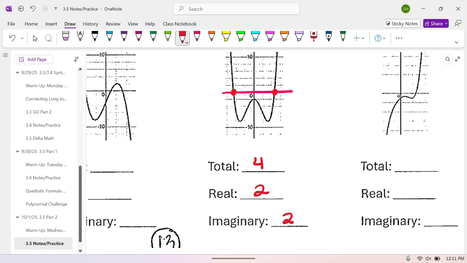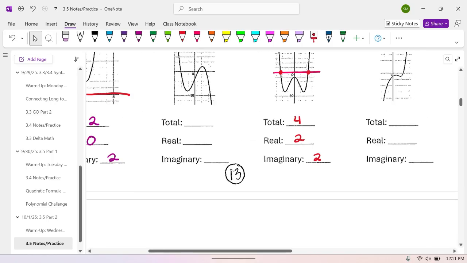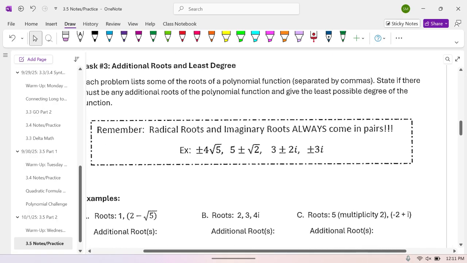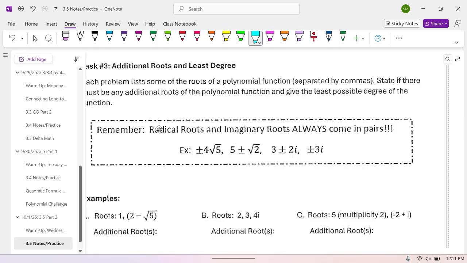Pretty straightforward. All right. Now, next thing we got to talk about is the additional roots. So, something you got to notice is radical roots and imaginary roots always come in pairs.